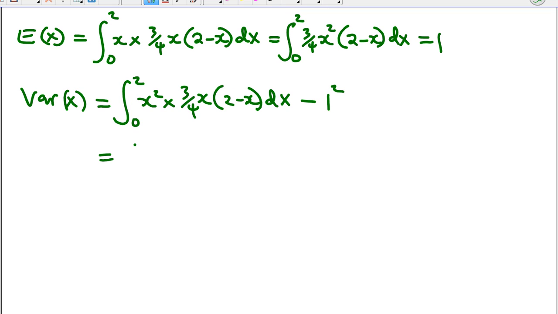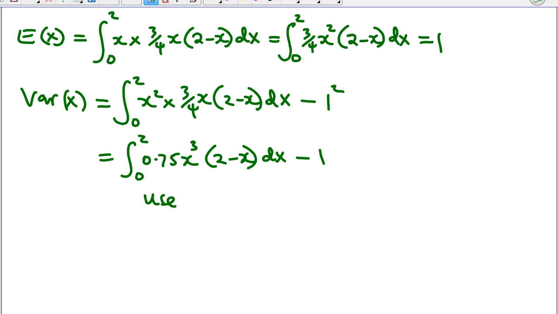So that will be integral of 0.75 x cubed, 2 minus x dx, minus 1. Now if you plug that integral into your graphing calculator the way I did, you'll end up with 1.2 minus 1, and your answer will be 0.2.